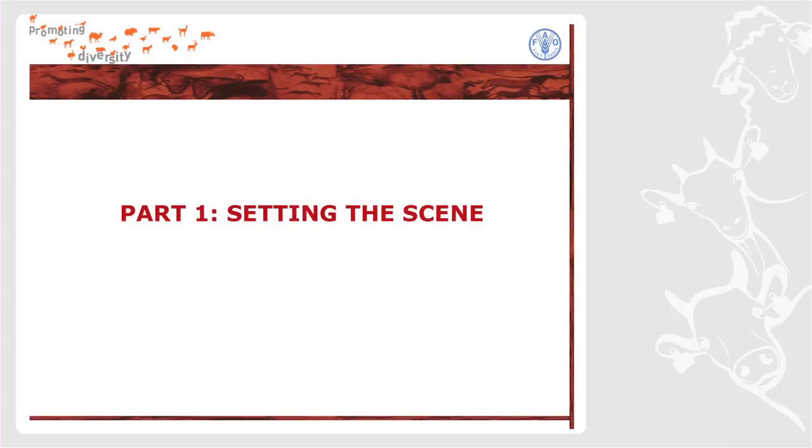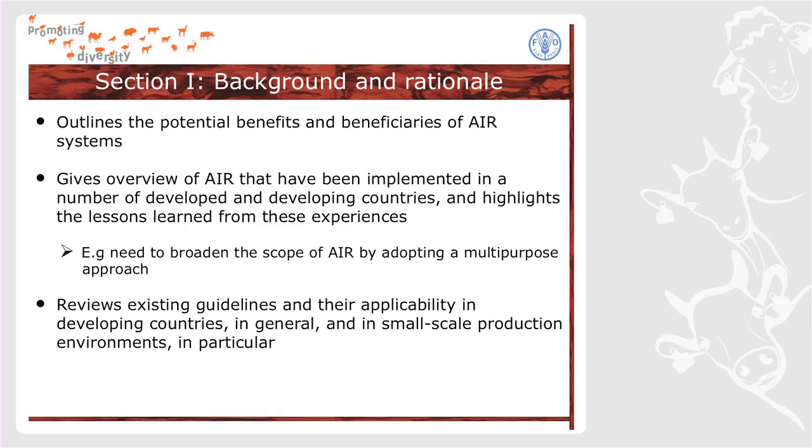So let's start directly with the first session, which is setting the scene. The first session in this part deals with the background and rationale. It outlines the potential benefits and beneficiaries of animal identification and recording, and gives an overview of animal identification and recording that has been implemented in a number of countries.